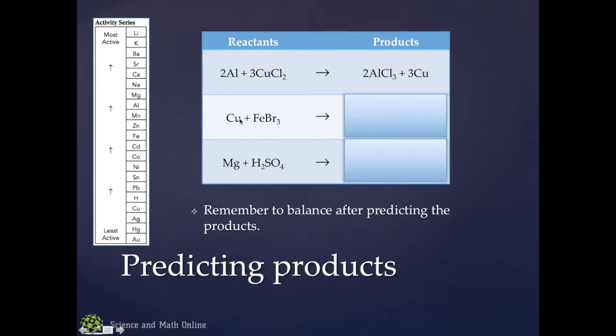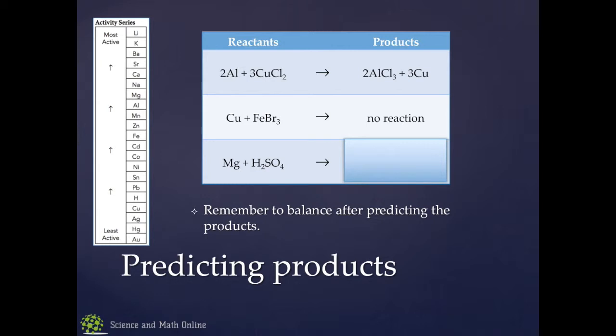Now copper and iron. Once again, we find our elements. Here's copper, here's iron. Copper is lower than iron, so this reaction will not occur. And so you would write no reaction, or usually NR RXN, for reaction. That's the abbreviation for reaction.